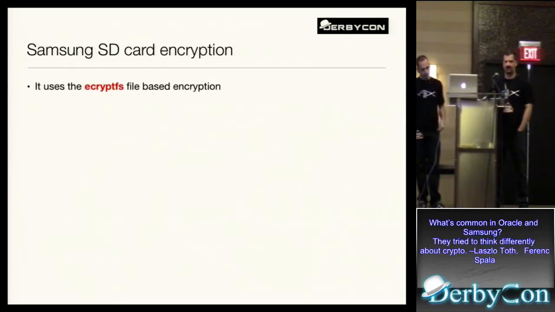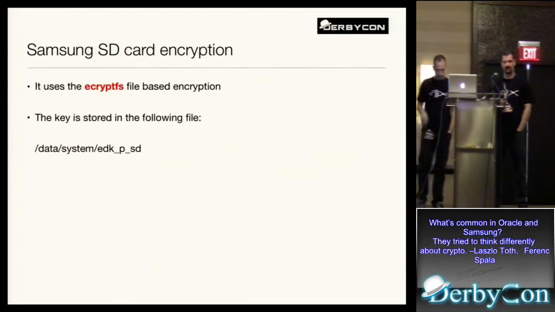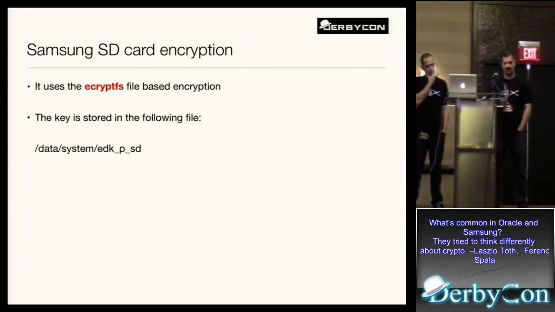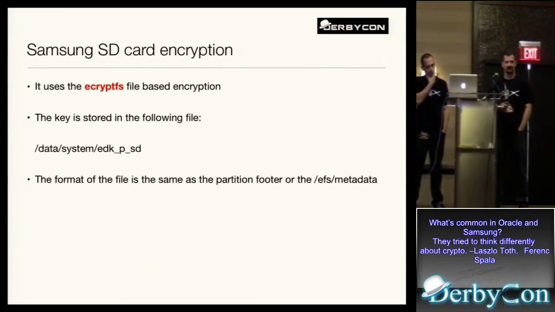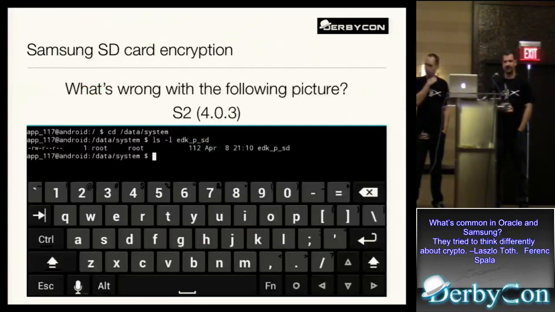It encrypts every file separately. The encrypted encryption key is stored in the following file, in the same format as for the S2 and S3 disk encryption, and the same encryption is used, so you can use the same John the Ripper module to crack it. Boring. But what's wrong with this picture?